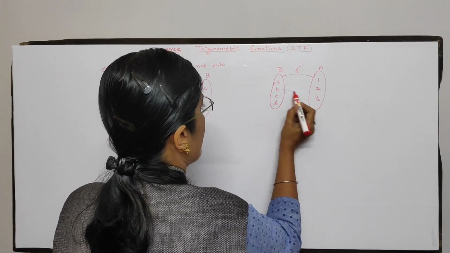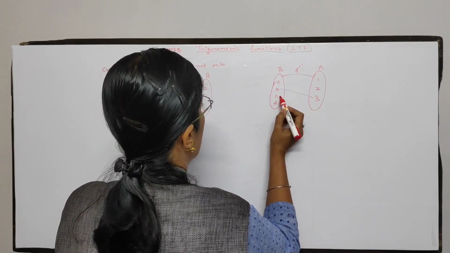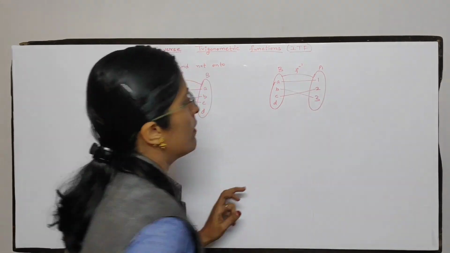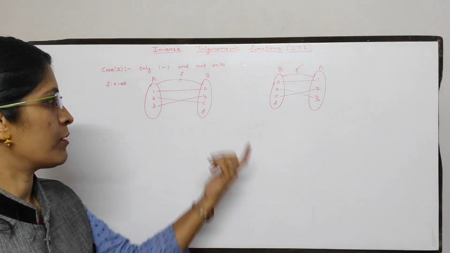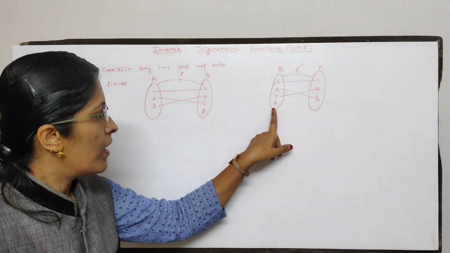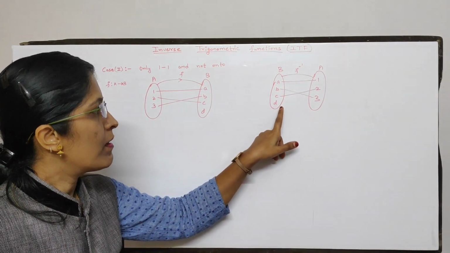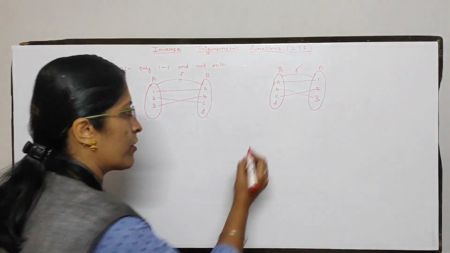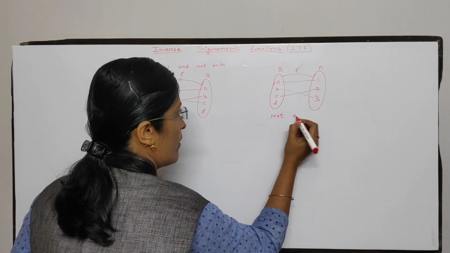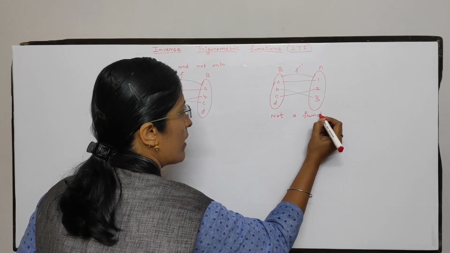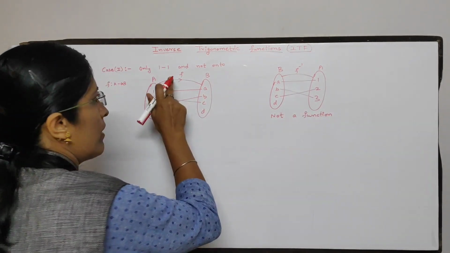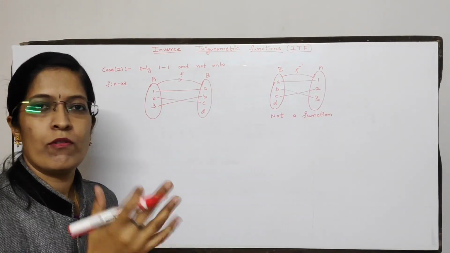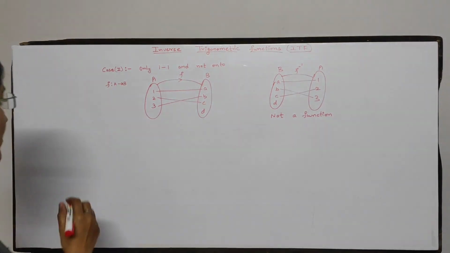B is connected to 3, C is connected to 2, 1 is connected to A. Now check whether this is a function. This is not at all a function because no element of the domain can be left. So this is not a function. What condition did we take? We took only 1-1 and not onto. So what we have got is not a function. Therefore this inverse does not exist.